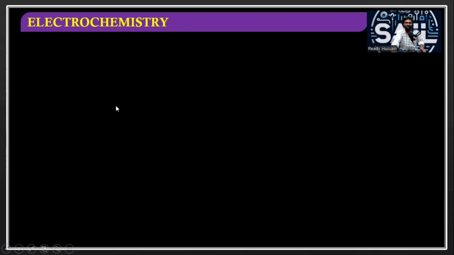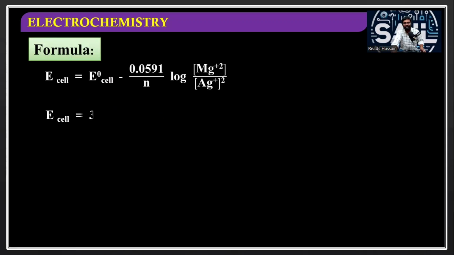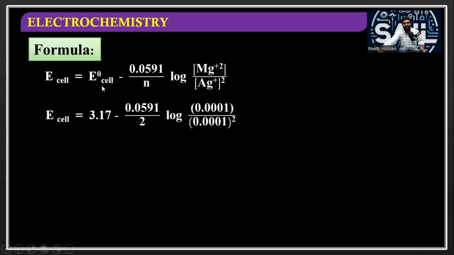Okay, you need not worry. If you have not understood this, no need to worry. Later we will discuss many such problems. Then you can understand. So E is equal to E naught cell minus 0.059 by N log product concentration by reactant concentration. The product concentration is this Mg concentration and the reactant concentration is 0.001.